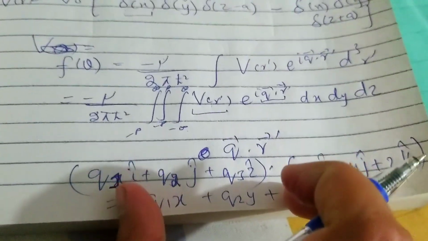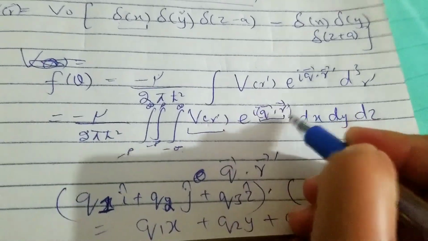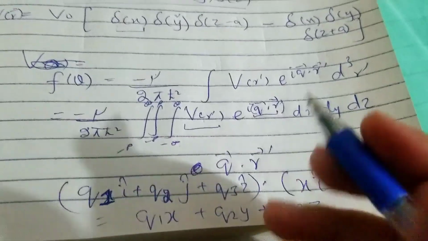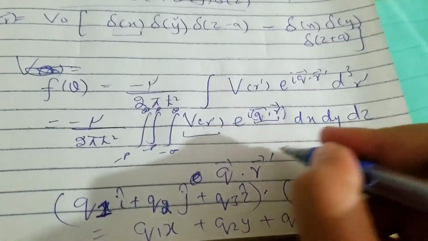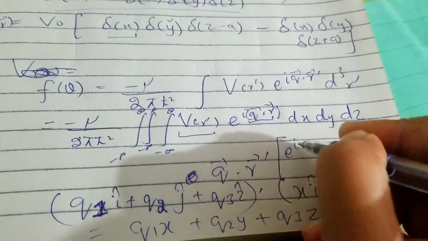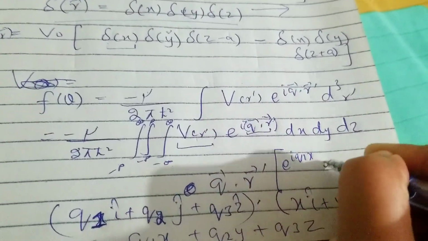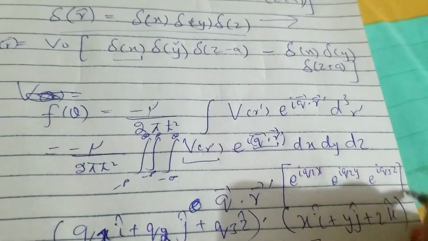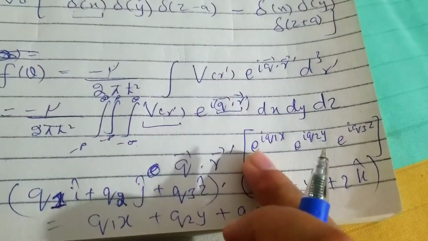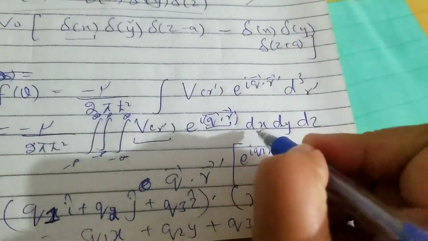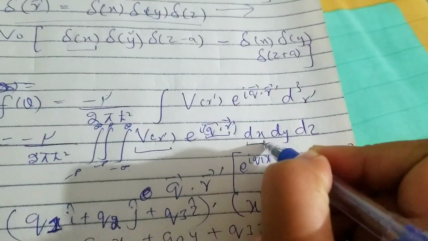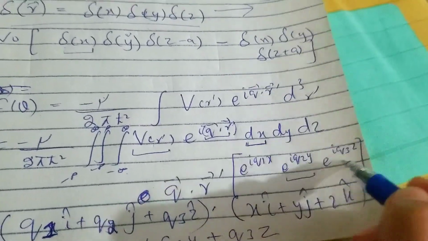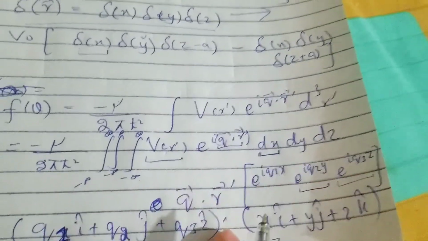These three things will come right there, and we know that the things that are added to each other in exponents can be separated with the common base, and the thing that comes out will be like that. So this one part will go to the integral whose integration will take place with respect to x, this to the y part, and this will go to the z part.